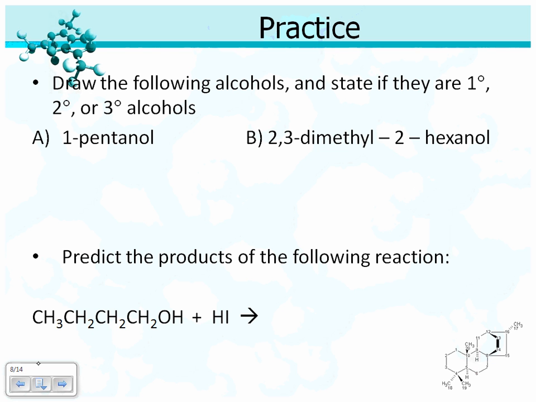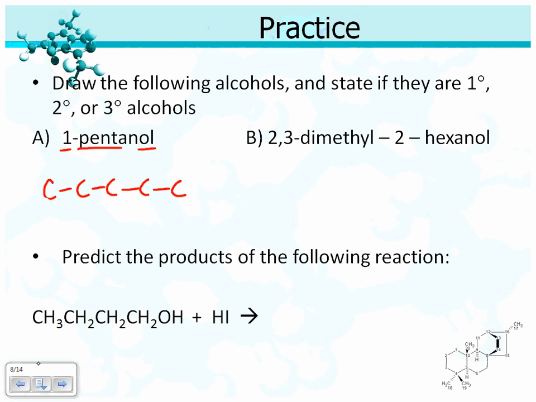If we go through the answer for A, we have to draw 1-pentanol. Pent means 5 carbons, ol means I have an OH group. The OH group is going to fall on carbon 1. So I start by drawing my 5 carbons. I know I have an OH group on carbon 1, so I can use this as my carbon 1 or this as my carbon 1, it doesn't matter.